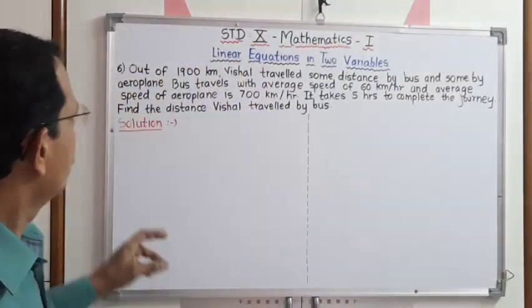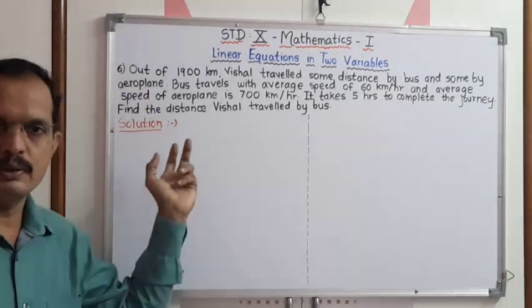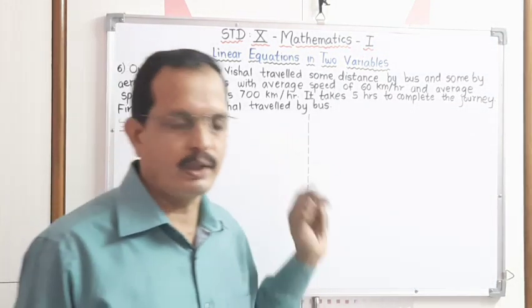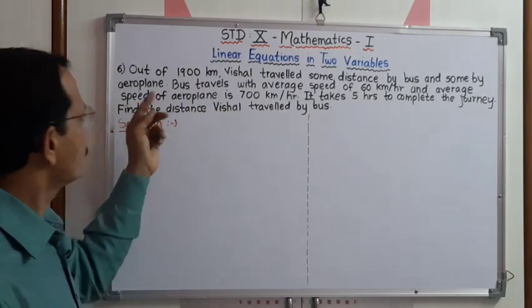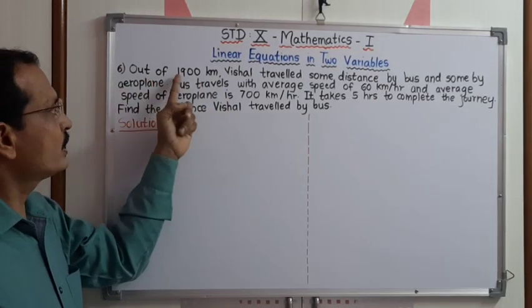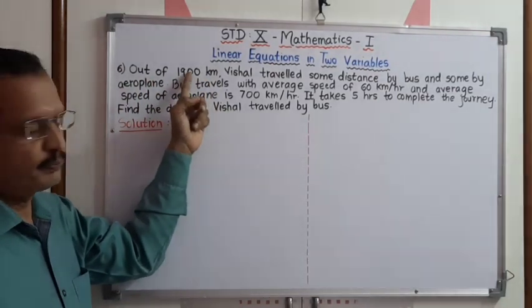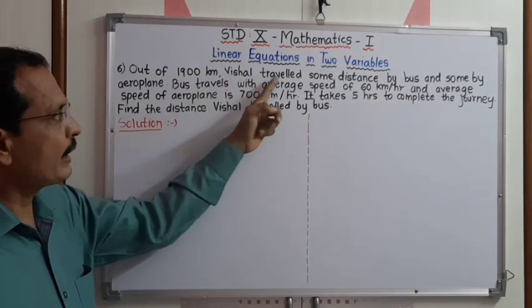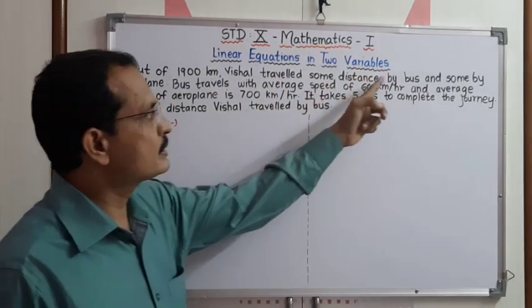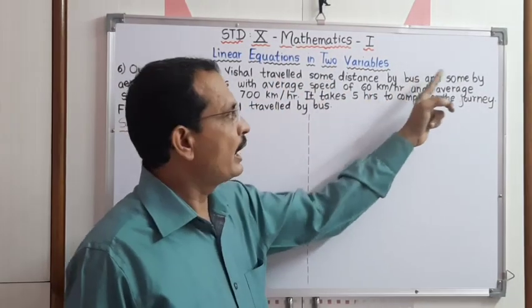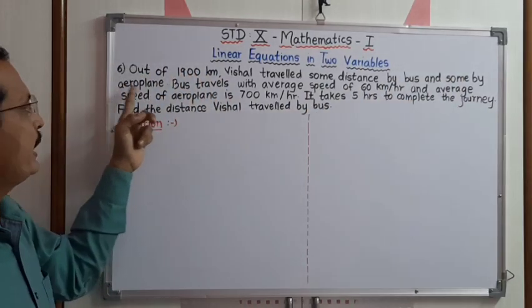Now see the sixth sum from practice set 1.5. A student, out of 1900 km, will travel some distance by bus and some by aeroplane.